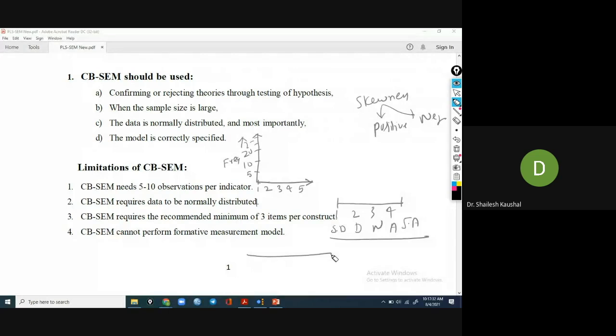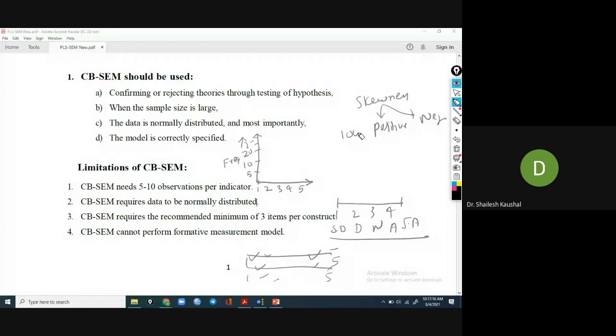You send your questionnaire to the respondents, with all the statements in the form of a Likert scale from 1 to 5. Generally people follow a trend: they take 4, 5, 4, 5, or they take 1, 2, 1, 2. When people take 1, 2, it means the frequency of 1 or 2 is high.